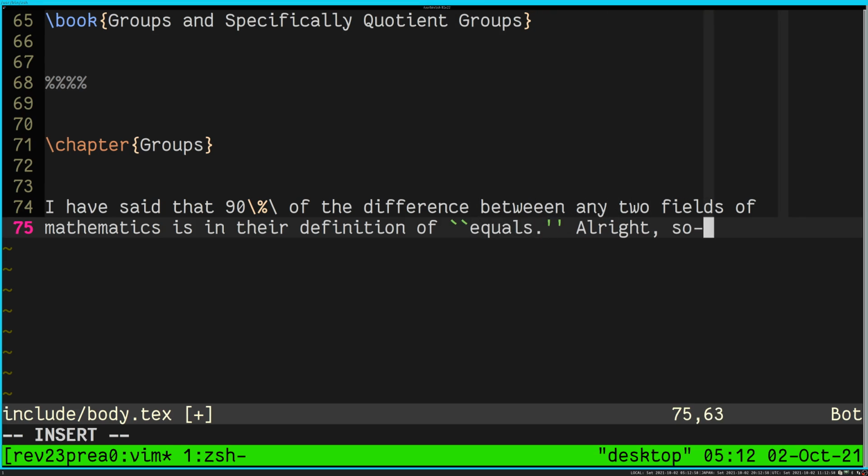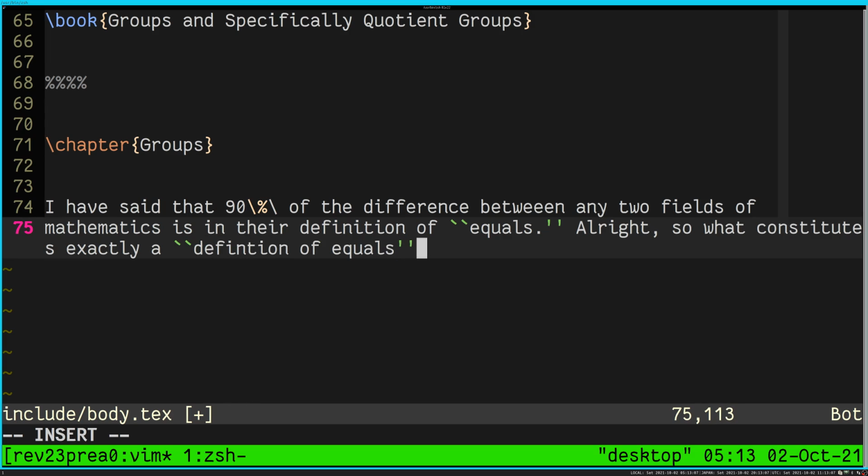So what constitutes exactly a definition of equals? I'm not going to fix typos right now.